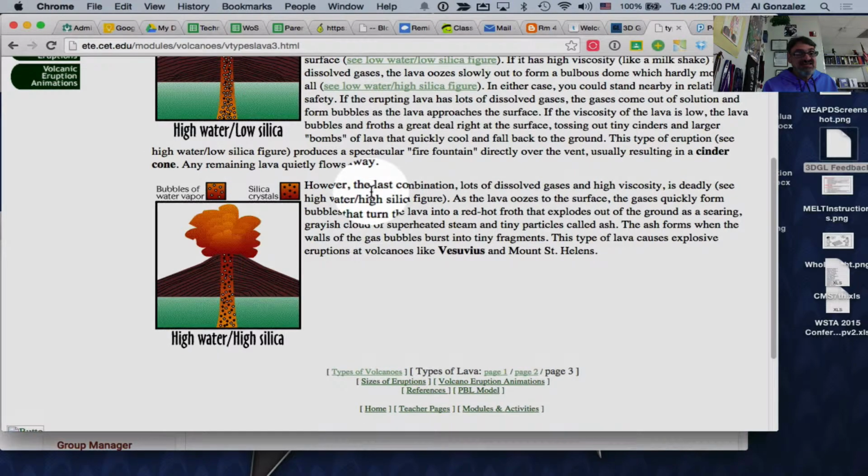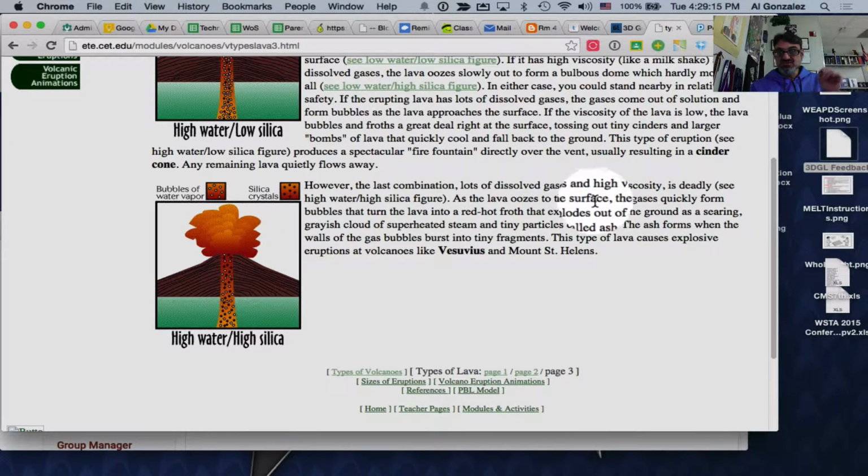But let's look at the last combination. However, the last combination, lots of dissolved gases, high water, and high viscosity, high silica, is deadly. See the high water, high silica figure right here.